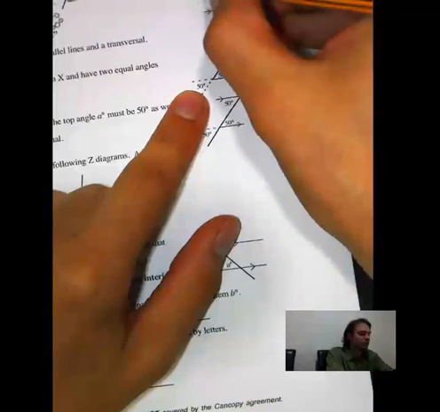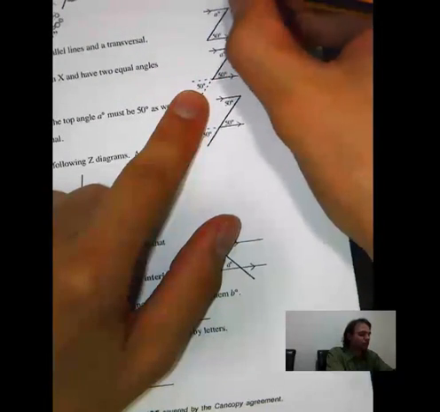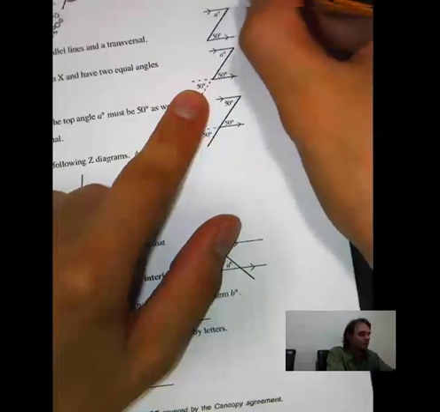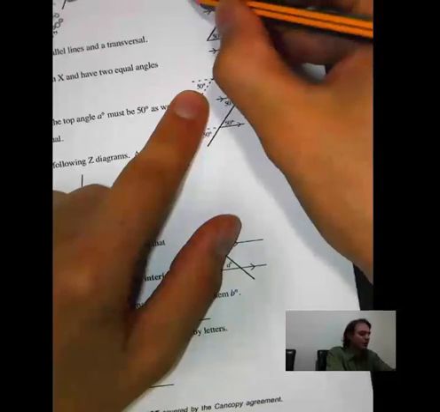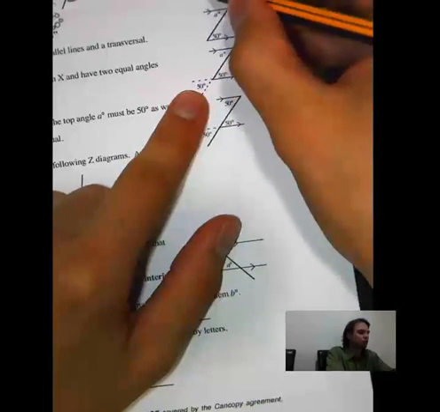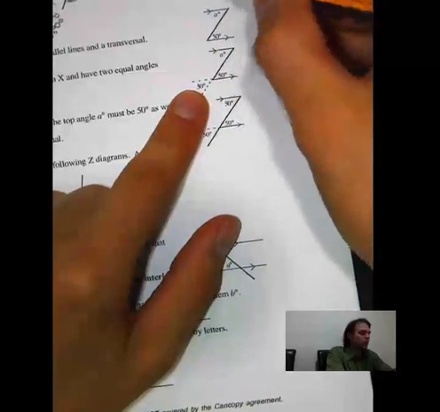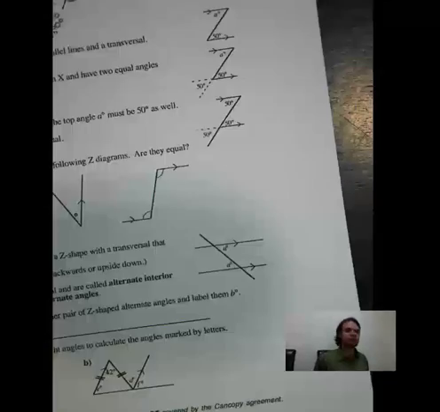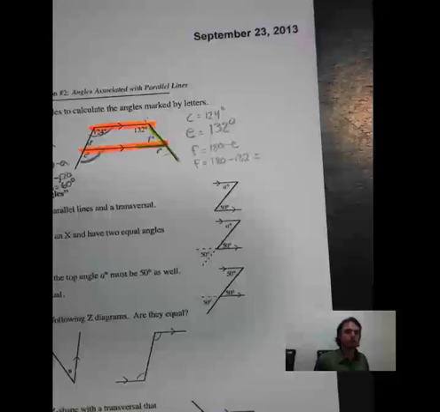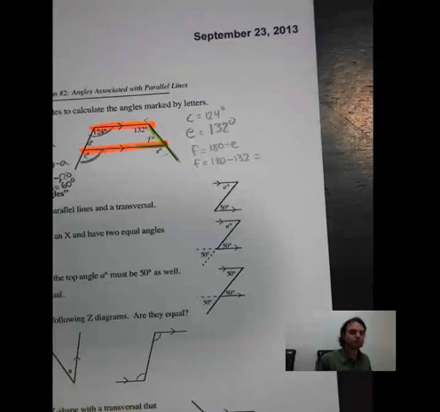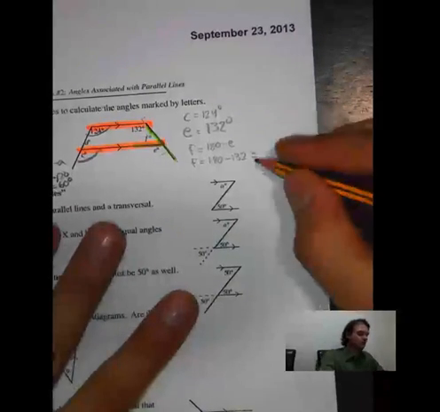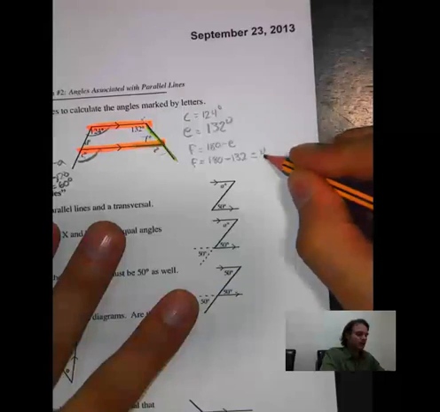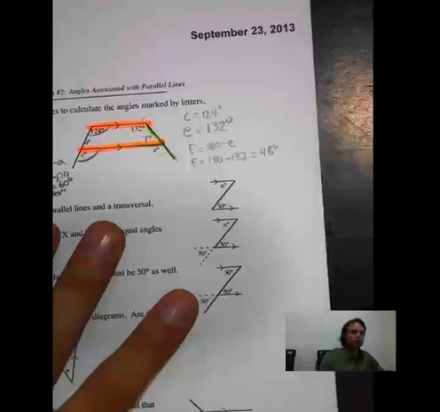So we know F is equal to 180 minus E. And F then is equal to 180 minus 132, which is equal to 48 degrees.